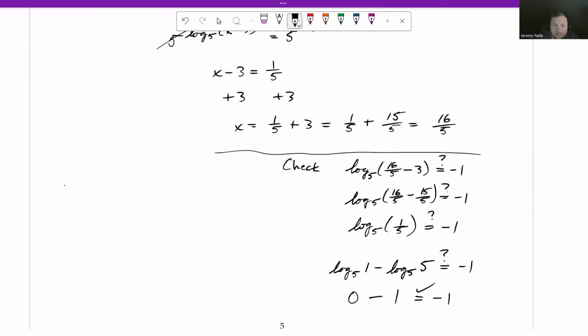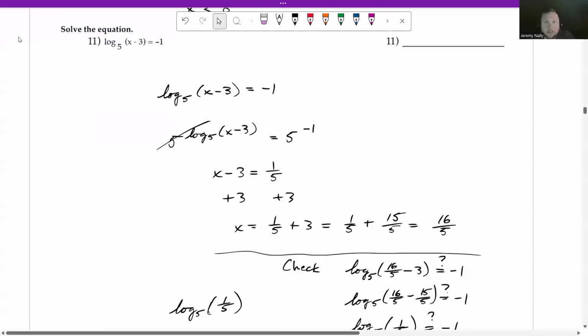The other way to do that without using a calculator is when you got to this point here, you could have also just rewritten it as 5 to the -1, and then the -1 comes down, and you have log base 5 of 5, and then that just turns into 1, and then -1.